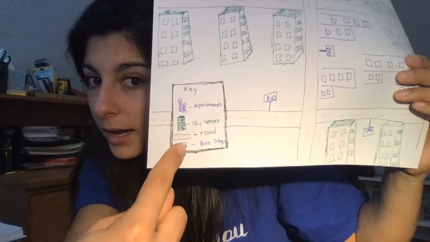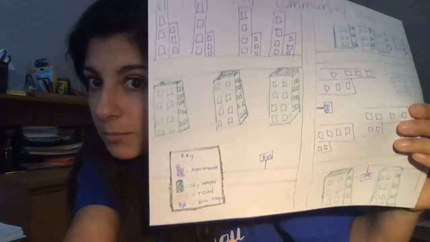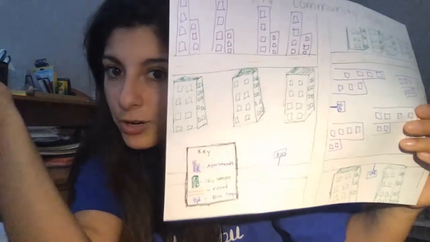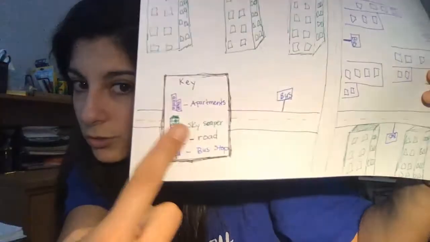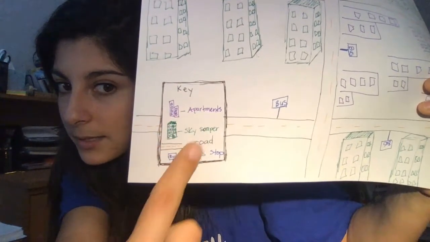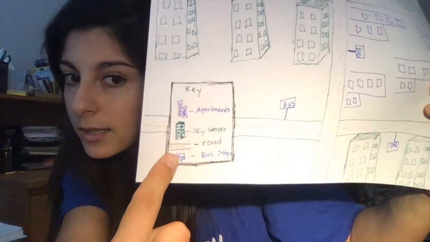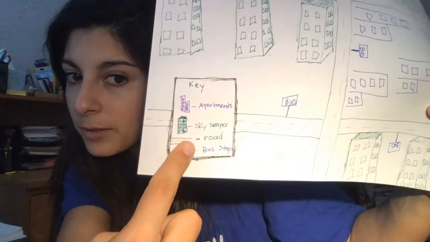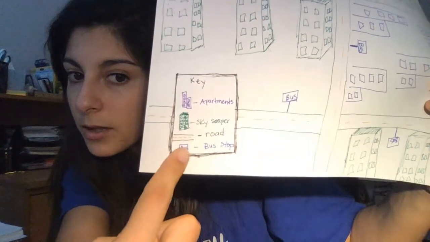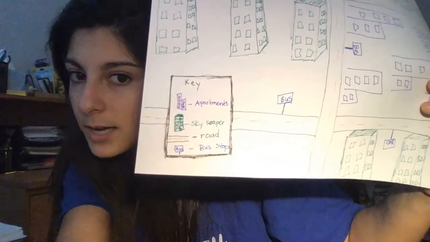I made these my symbols. Notice, I put some detail, but I try to make it easy to draw. So draw your symbols and then write what it is. This means apartments. This green thing means skyscrapers. This black line with orange means road. My square with a line and the word bus in it means bus stop.